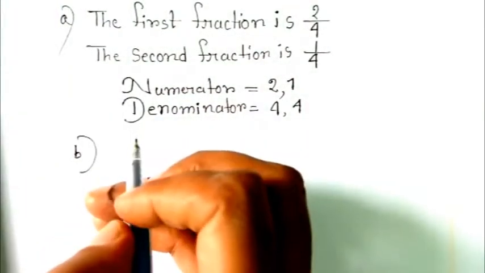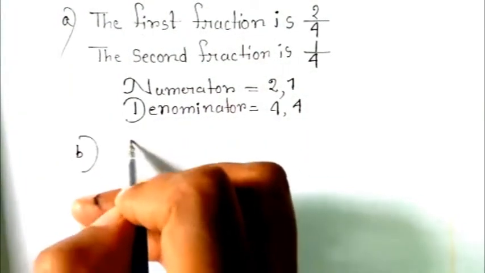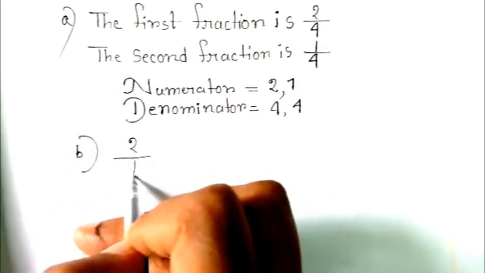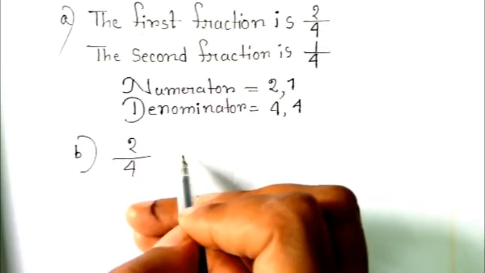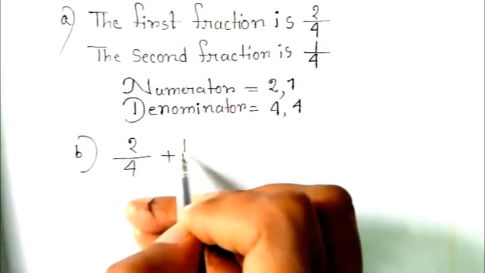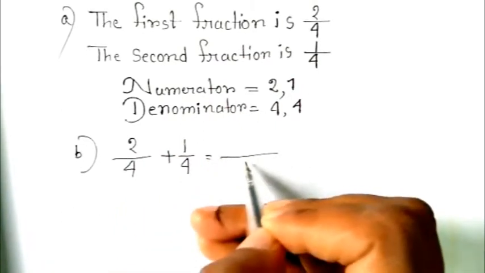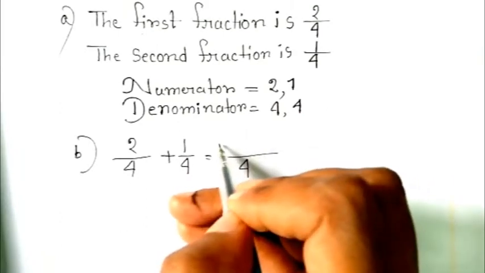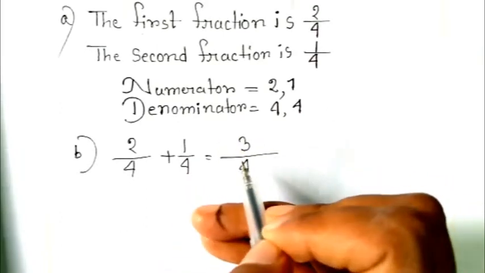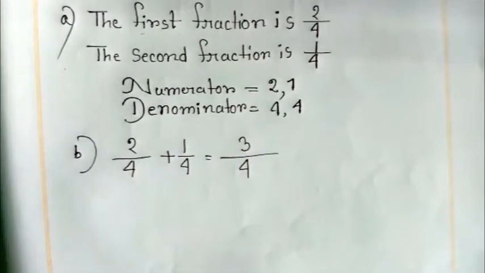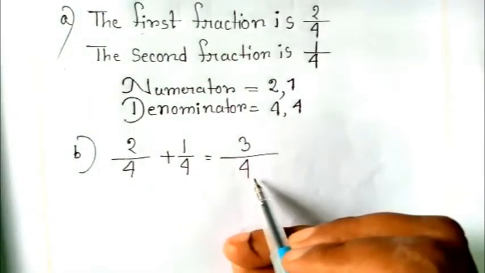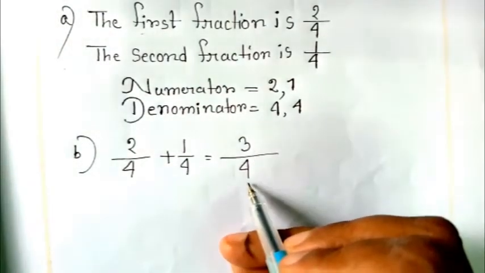Let's add the fraction. 2 by 4 plus 1 by 4. 2 plus 1 is 3. So we get 3 by 4.